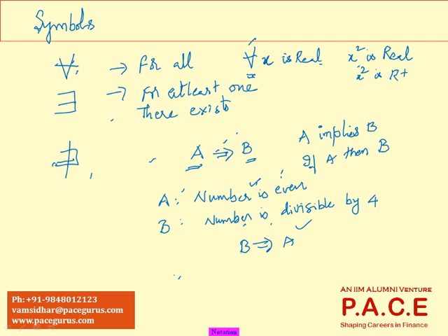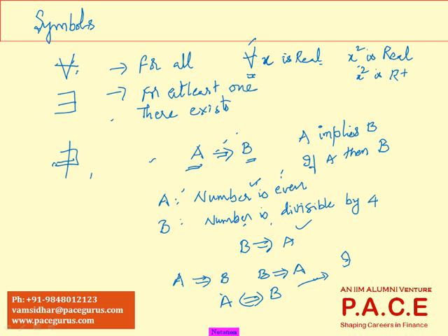Right? So like that, if both A implies B as well as B implies A, if both of them are coming out, then we will write it as A implies as well as implied by B, which means both sides we put the arrow marks, which is also called as implies and implied by kind of a relation.